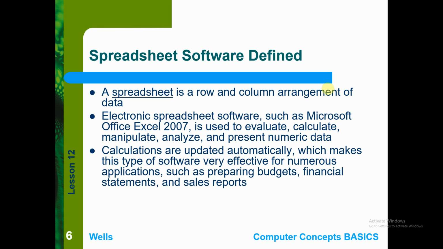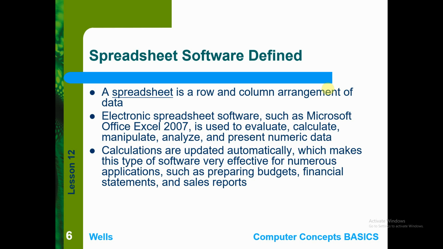So defining a spreadsheet, it is a row and column arrangement of data which we can have formulas added or analyzed. So MS Office Excel 2007 is one of the previous versions of Excel, no?